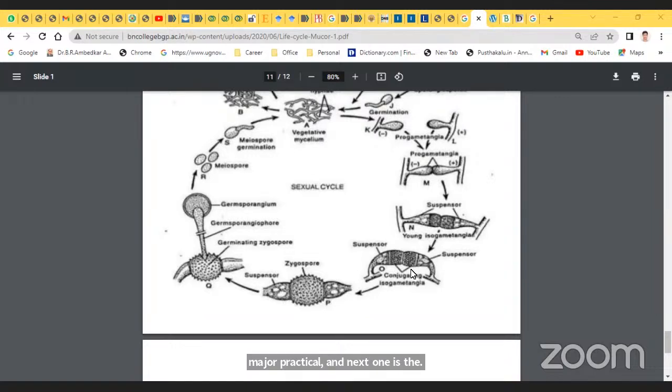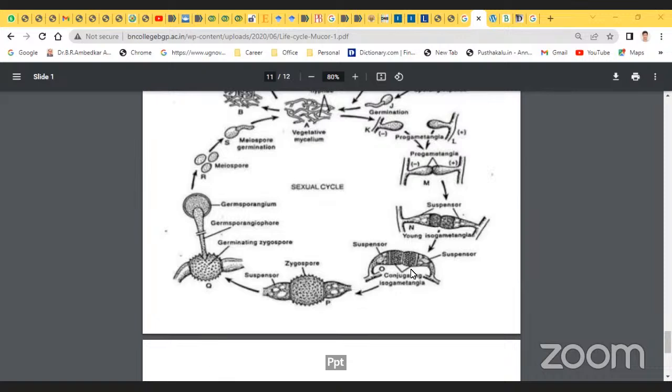Find out whether the mushroom techniques are available in your textbook. If available, I will go through that. Otherwise, I will prepare a separate PPT on mushroom cultivation.